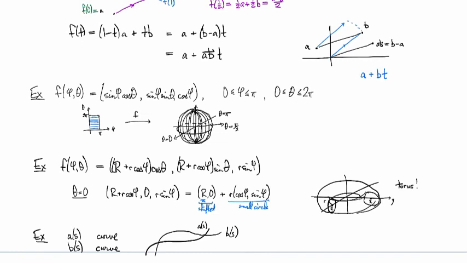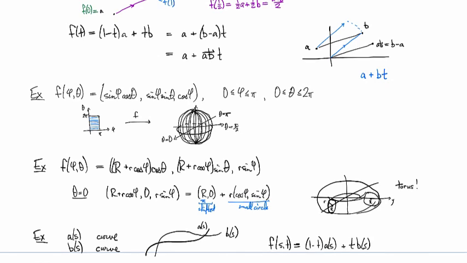And then I'm going to define f of s, t to be, and now watch this, (1 minus t) A plus t B. And so you know what that is. That's going to give you the straight line path between A and B, but now A and B are curves.